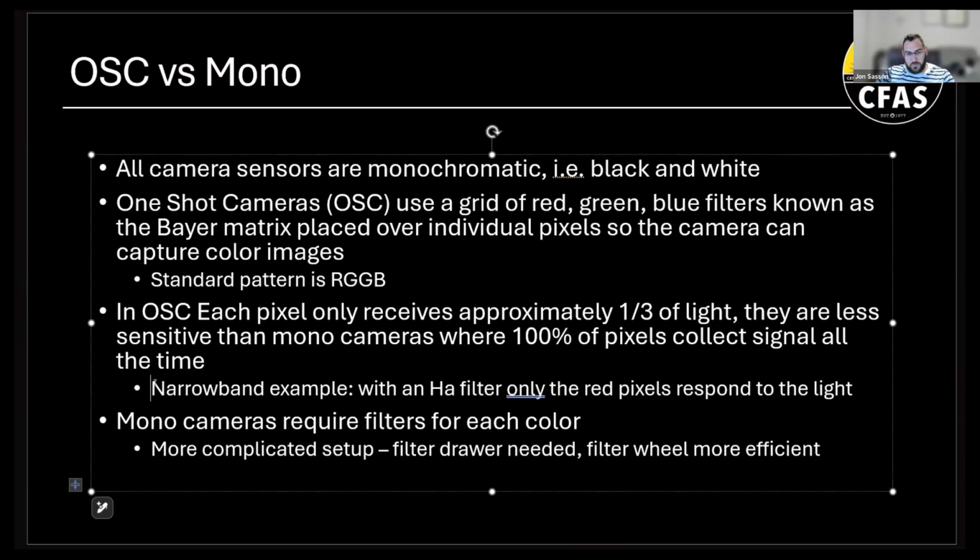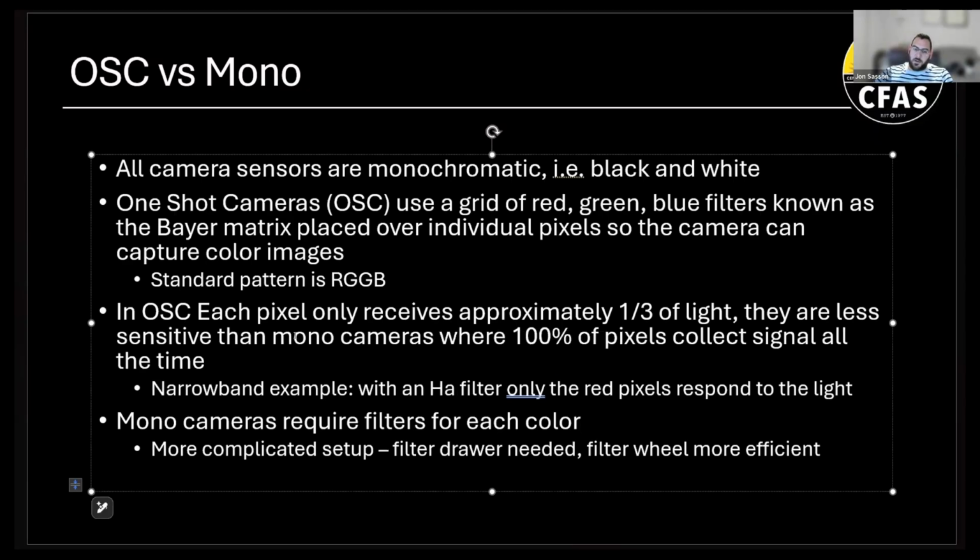For example, if you're shooting narrowband, where you're really only focusing on a very small bandwidth of the light spectrum, let's say your hydrogen filter, in your one-shot camera only the red pixels are able to gather any light at all when you have an HA filter in front of it.